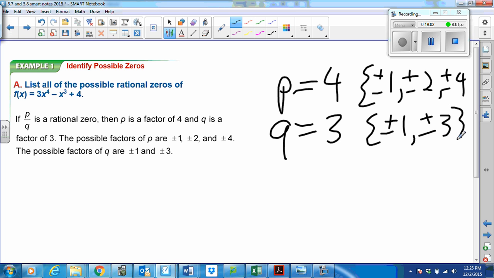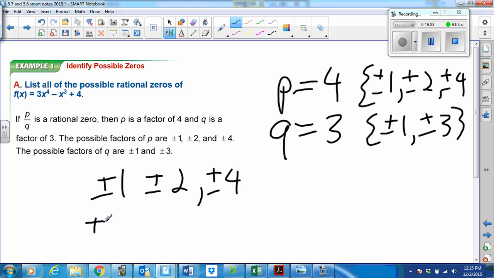So to figure out all possible rational zeros, you'd have all of the factors of p over 1, and so those would yield plus or minus 1, plus or minus 2, and plus or minus 4. And then the other ones would be all of those factors of p over the factors of q.